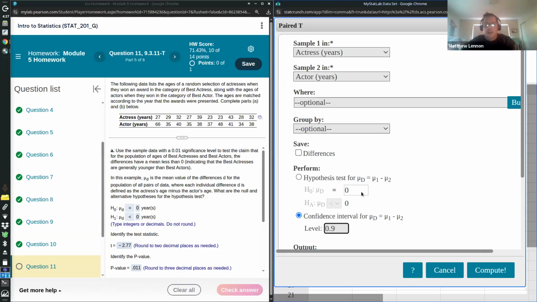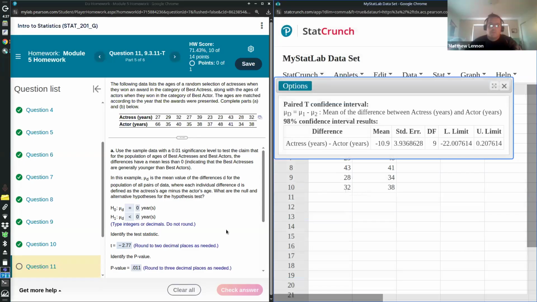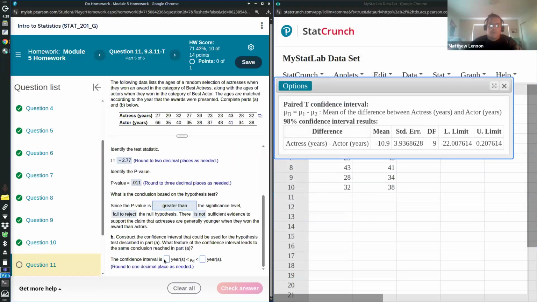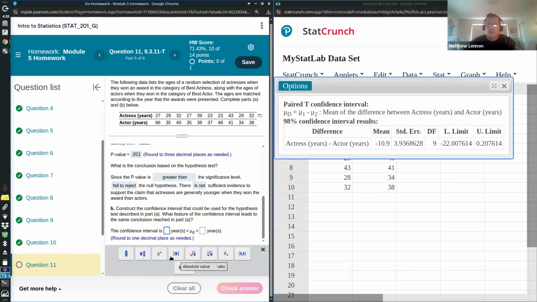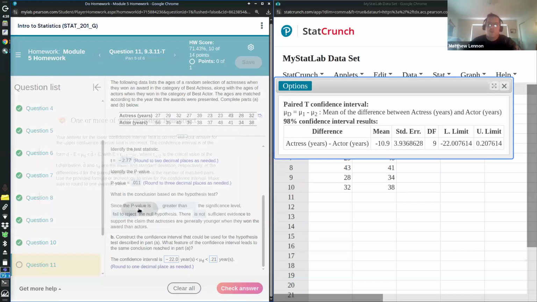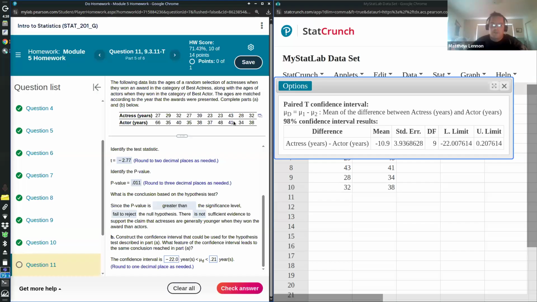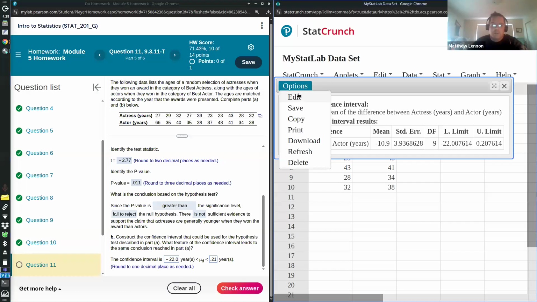So instead of 0.99, I'm going to do 0.98. And then try that. So I get negative 22.0, and then 0.21.